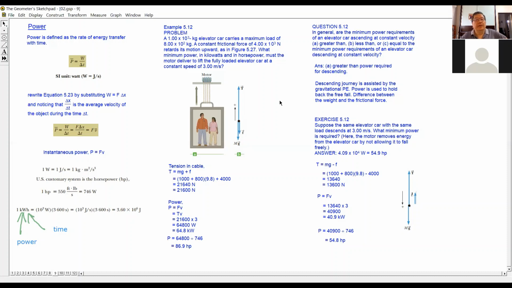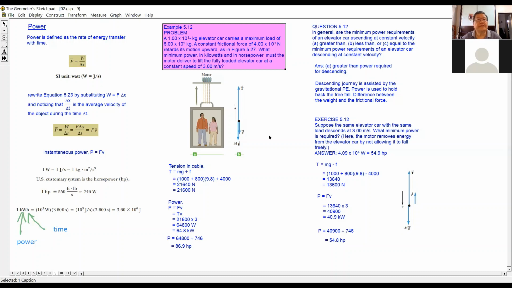Okay, so we're going to look at a problem, and we're going to solve it using either one of these formulas: power is the work divided by time, or the average power is the force multiplied with the velocity. It depends on the question. Can you read this example 5.12?